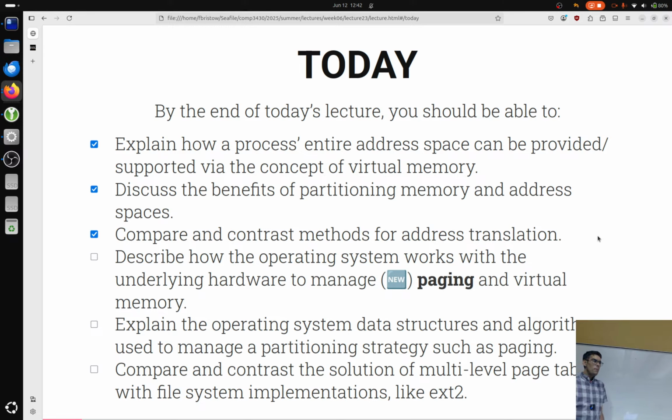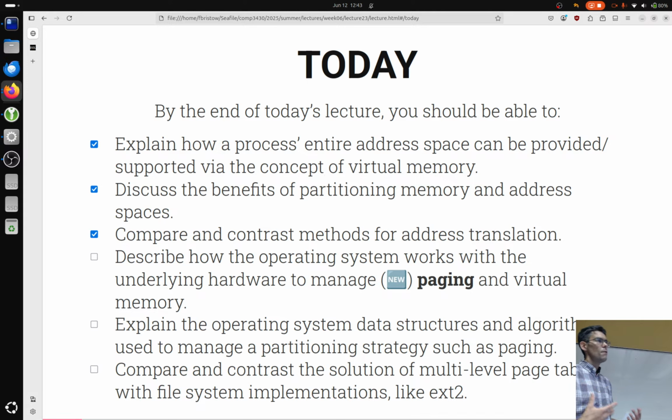So I'm looking for you to tell me, in today's context, how does paging fix the problems that we encountered with segmentation? What were the problems, and what does paging do that solves them? What problems were there with base and bounds, and how does segmentation solve the problems with base and bounds?